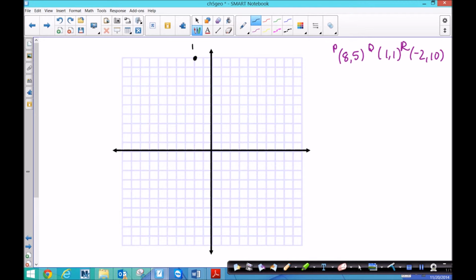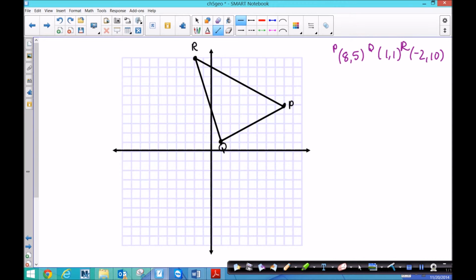That's going to be point R. We can do the same thing with point P over here at 8, 5, and point Q at 1, 1. We can label that point Q. And now we'll put in the segments. Whoops, we should probably use solid segments. So here are our segments, and we have made our triangle.